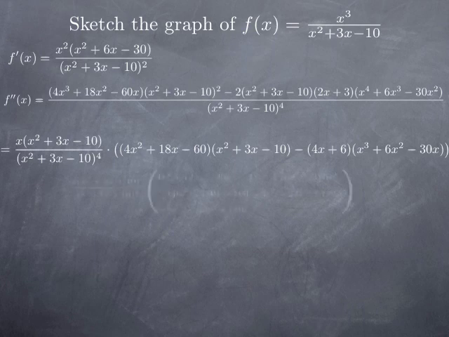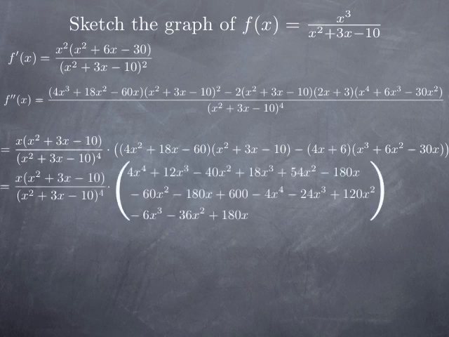Multiplying things through, we get this horrendous expression, but you see that in this horrible sum, after multiplying things through in the parentheses, we get, for instance, 4x to the fourth minus 4x to the fourth, so the x to the fourth cancel out. For the x cubed, you have 12x cubed plus 18x cubed, that's 30x cubed, but then we subtract 24x cubed and we subtract 6x cubed, so the x cubed cancel out as well.